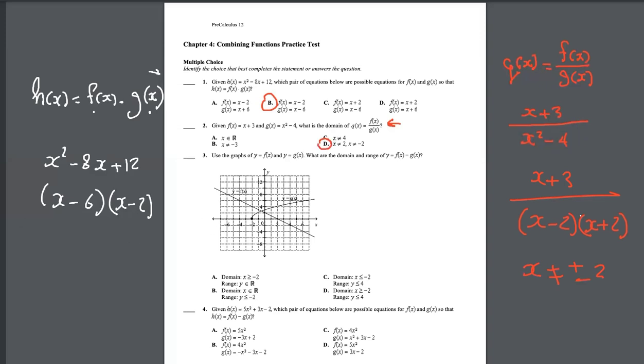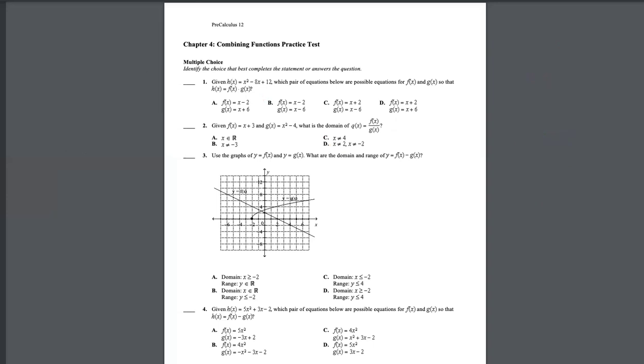Now I'm just going to erase all of this and go to the next question. Use the graph of f of x and g of x. What are the domain and range of y equals f of x minus g of x? Okay. The best way to do this is make a table of values.